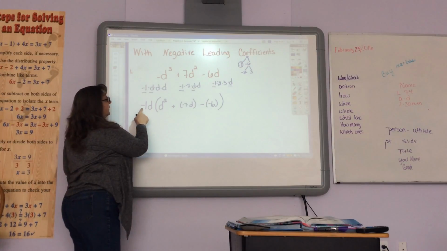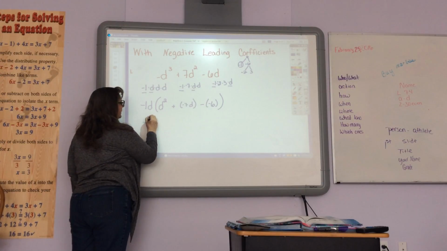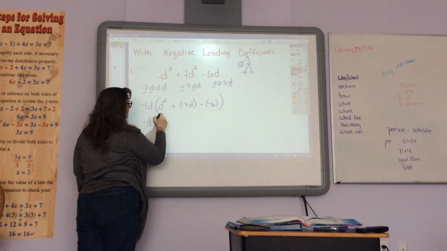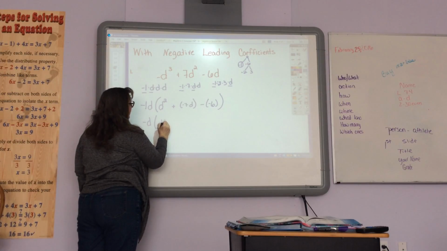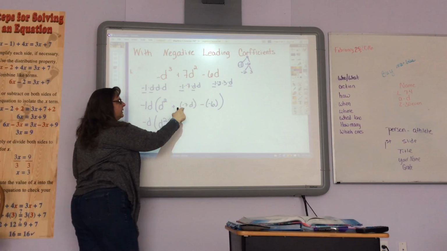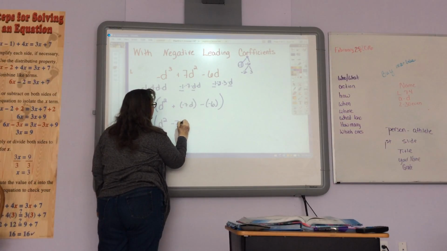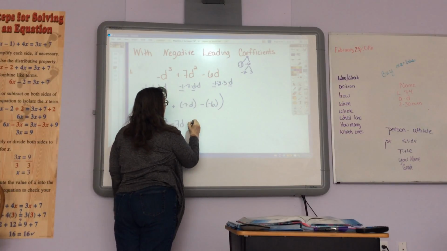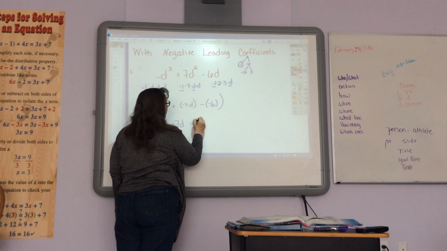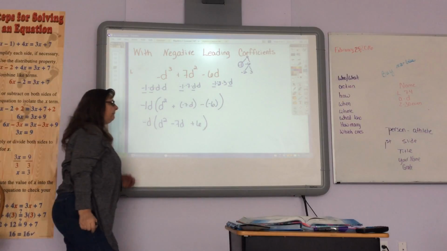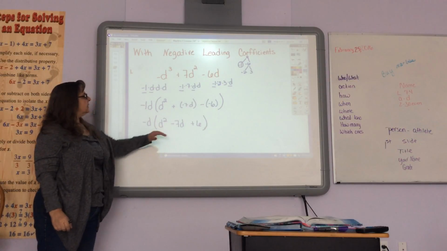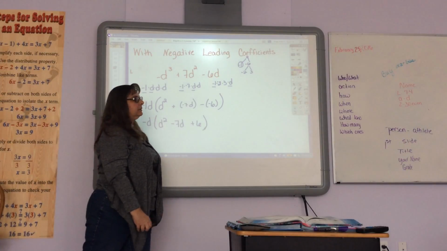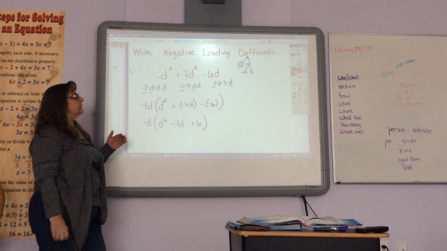Okay, negative 1 times d is a negative d times d squared plus a negative, that's really minus a 7d, plus a negative, minus a negative, that's really plus 6. So we have negative d times the quantity d squared minus 7d plus 6. Gets a little bit trickier.